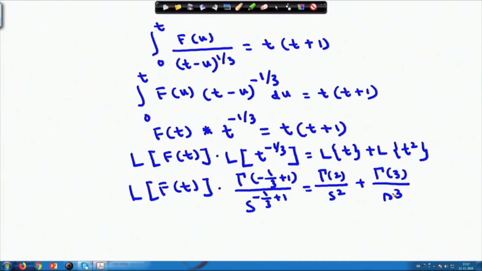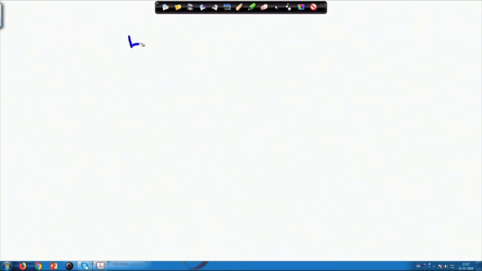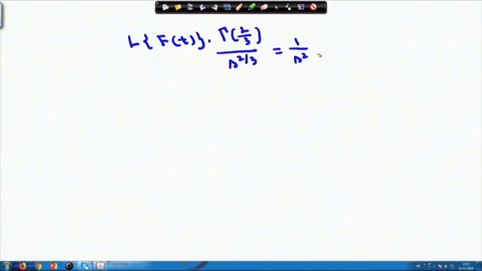And once I am obtaining this from here, if I make the simplification of these terms, next I can write down Laplace transform of f t into gamma 2 by 3 by s to the power 2 by 3, if I simplify this, equals 1 by s square plus 2 by s cube.